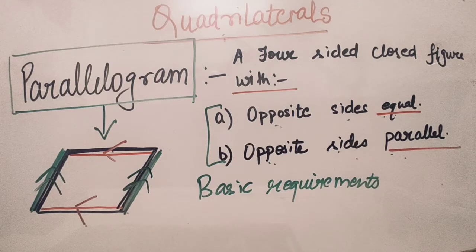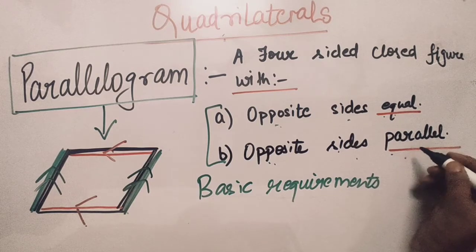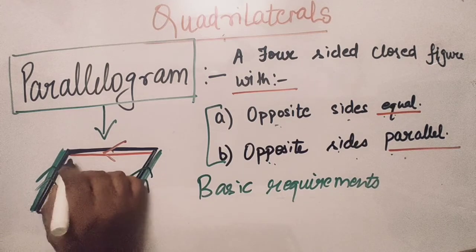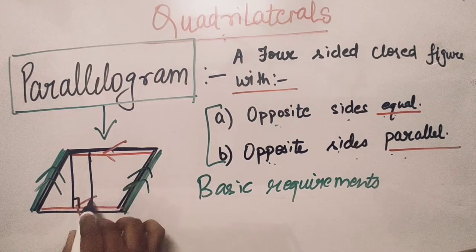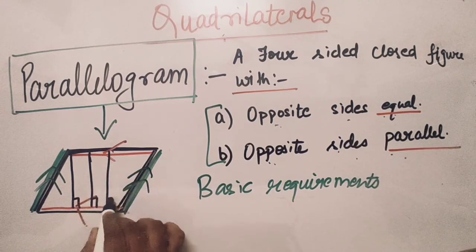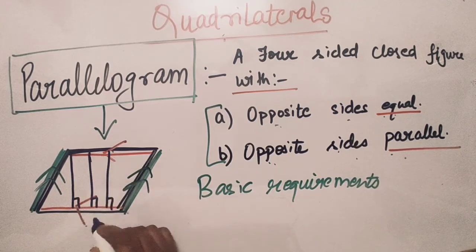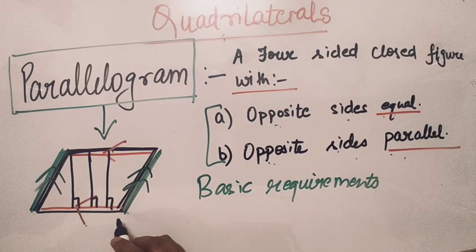Okay. Now the next thing that comes is, what exactly does parallel mean? Because equal, you know it very well, equal means equal in measurement. What does parallel mean? Parallel means the vertical distance between the opposite sides has to be equal.